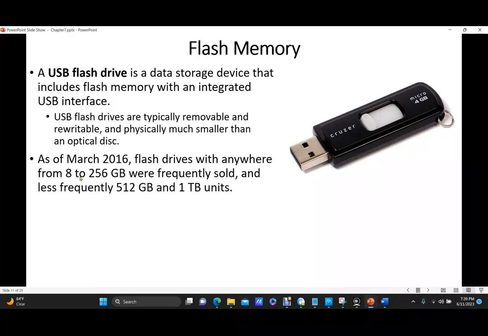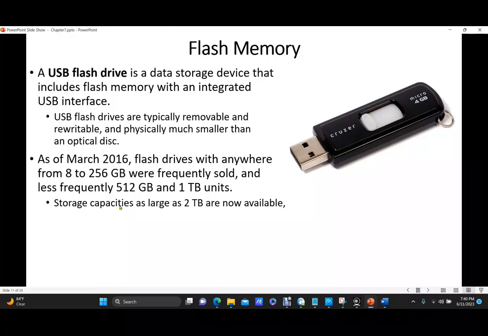As of March 2016, flash drives with anywhere from 8 to 256 gigabytes were sold, and less frequently 512 gigabytes and 1 terabyte units.